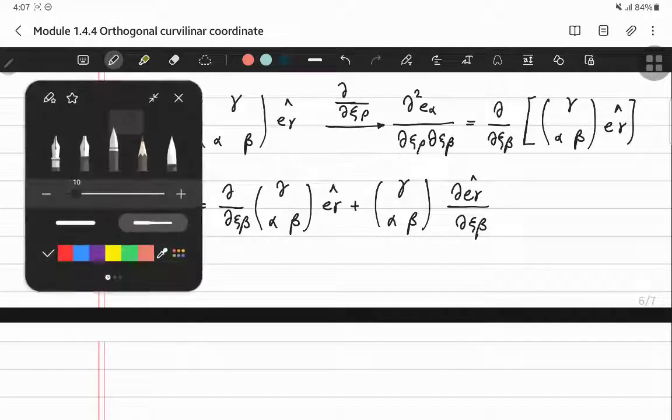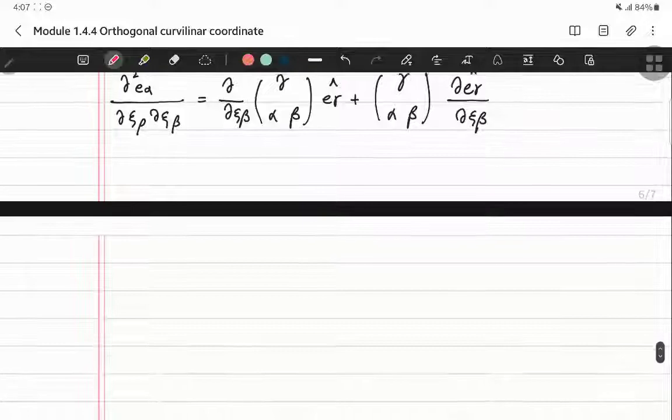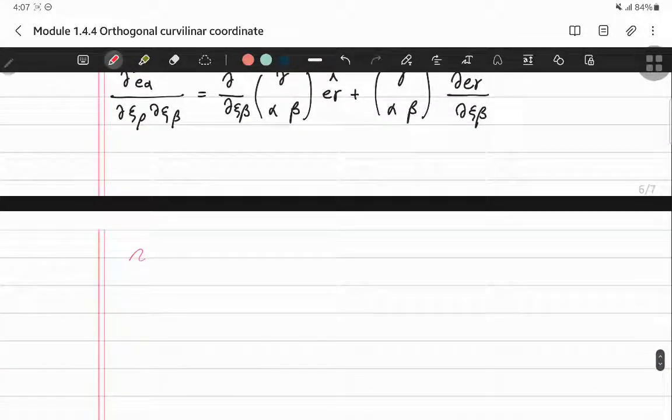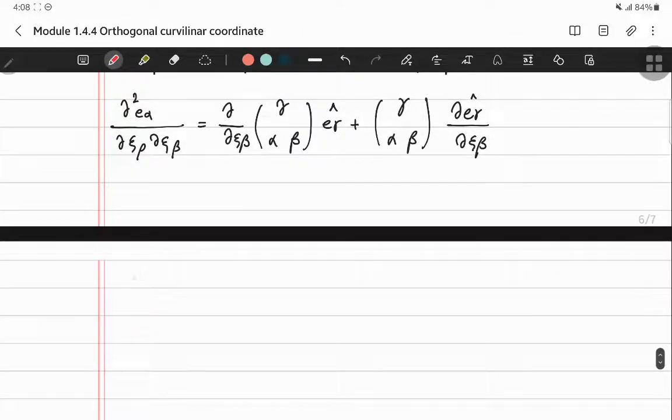And if you recall, this gamma alpha beta, this partial derivative of E alpha with respect to Z beta was basically this gamma alpha beta, or the Christoffel operator, times E gamma.